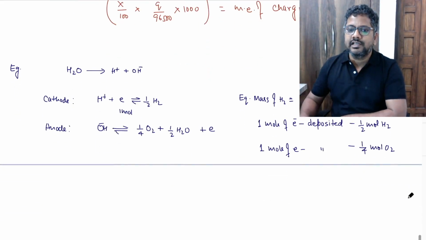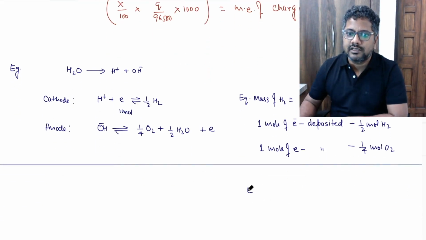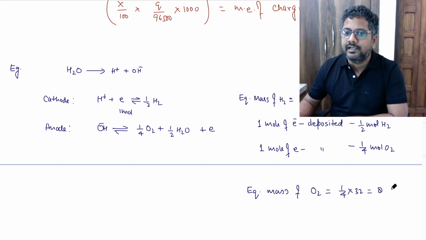So what is the equivalent mass of O2? The equivalent mass of O2 is equal to 1/4 mole, 1/4 into 32. This is equal to 8 grams per equivalent.